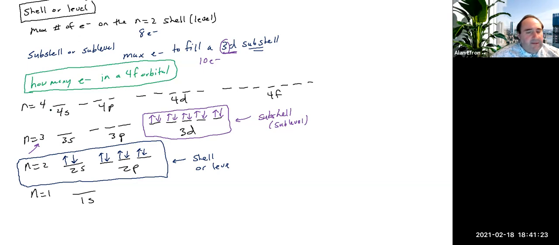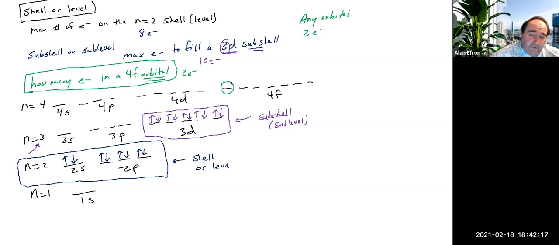How many electrons in a 4f orbital? Remember that any orbital could only hold 2 electrons max. So the answer would be 2 electrons, because in this case, we're talking about a 4f orbital.